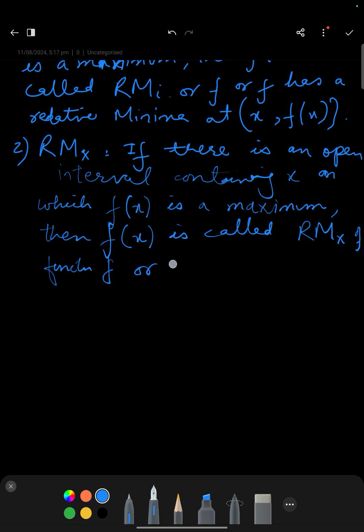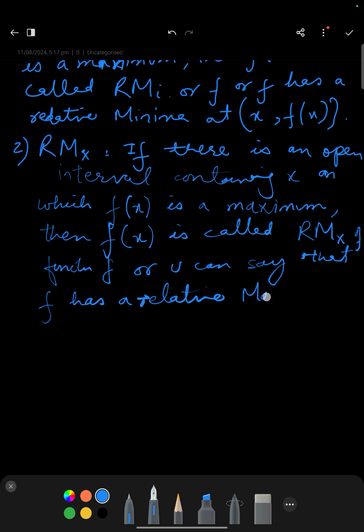Or you can say that f has a relative maxima at x.